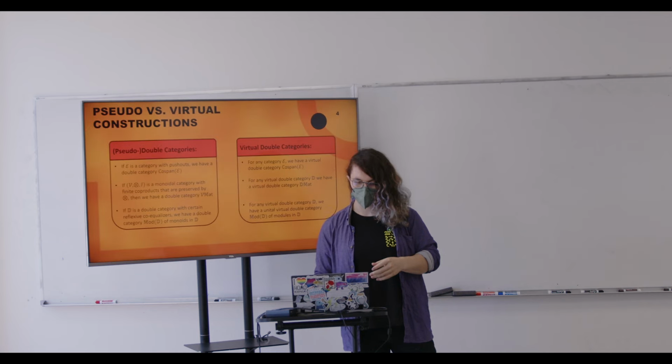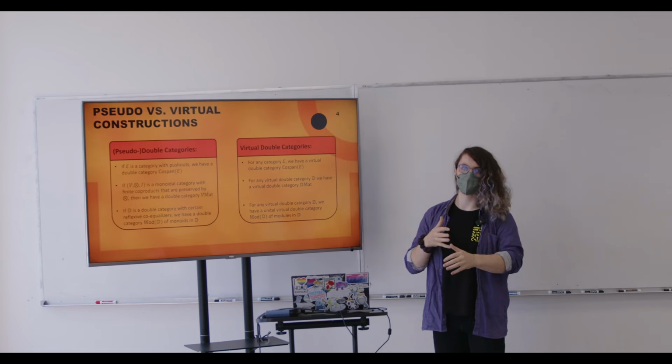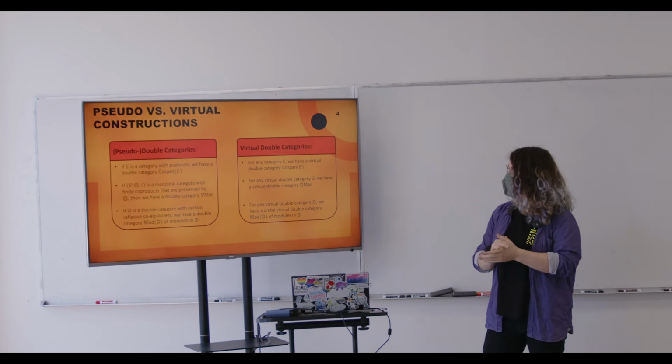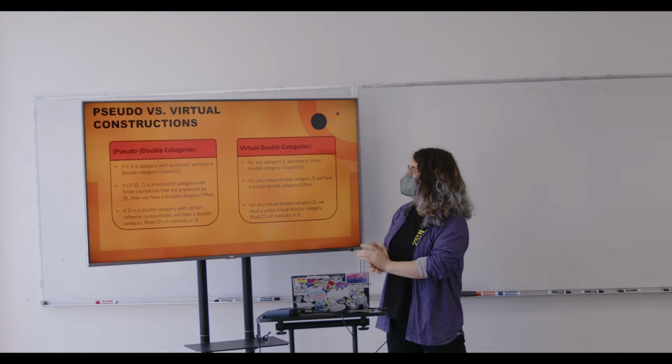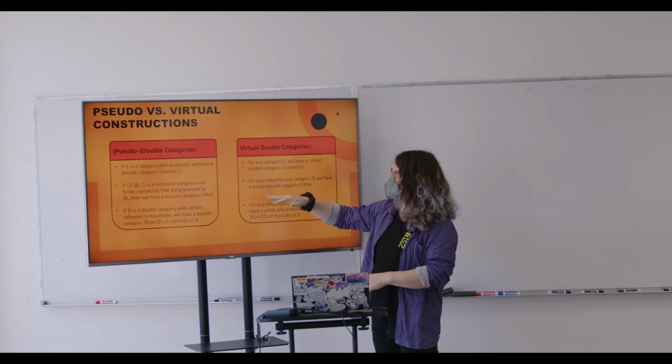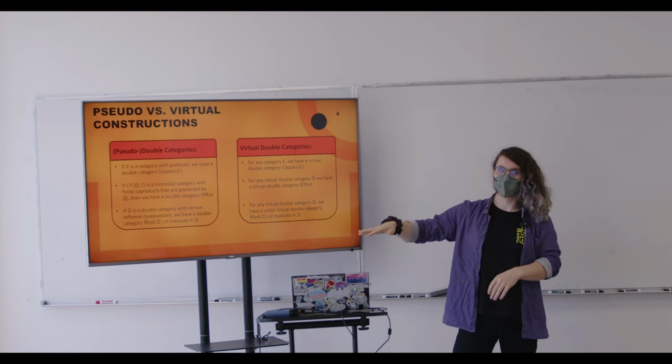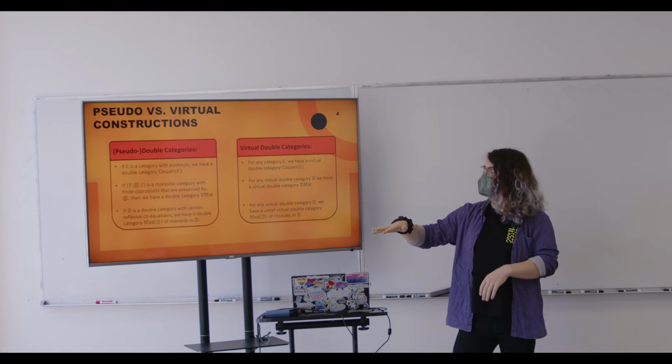Another motivation is with respect to a lot of the constructions that we care about on double categories. For example, if we have a category that has pushouts, then we get a pseudo double category of cospans for that category.